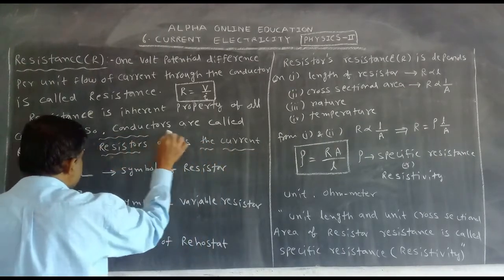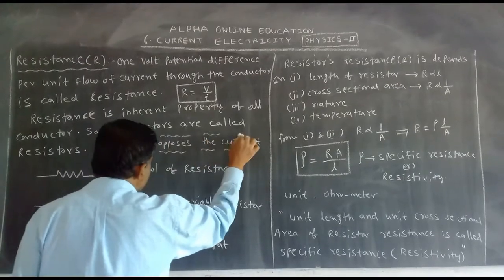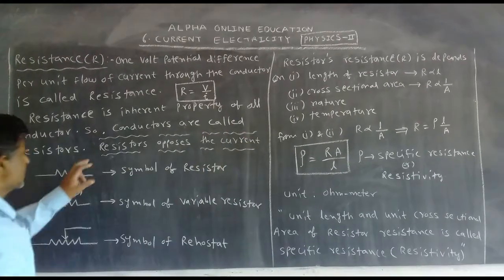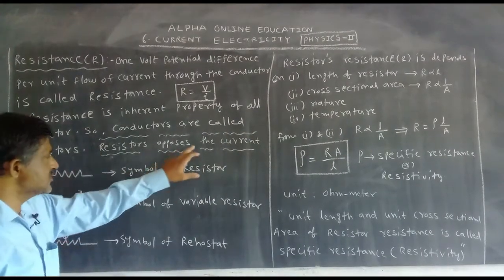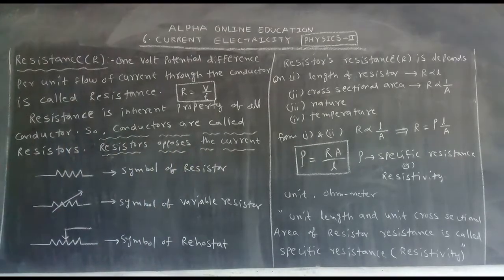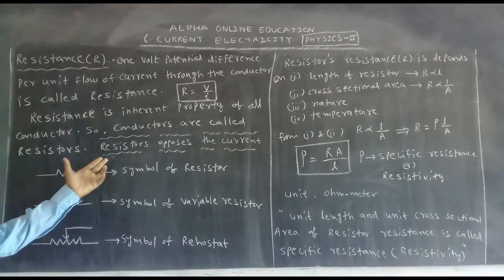This is one of the important points. What is the function of resistor? Resistors oppose the current. Now what is the symbol for resistors?